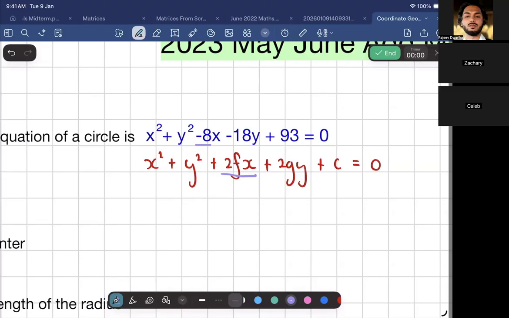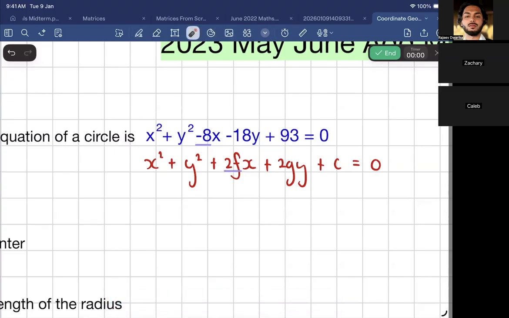Not just 2, we're talking about 2f. I really want to make sure you're not confused. So watch, Caleb, we're comparing apples to apples here. Watch the x squared match up, the y squared match up. You can see that this matches up as well, right?